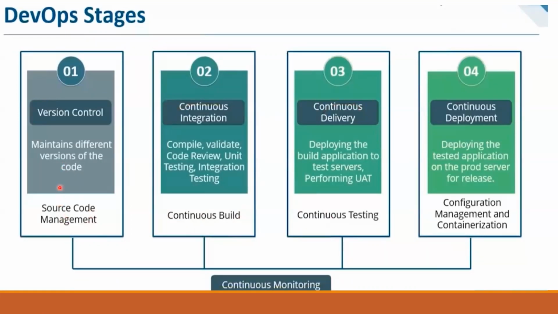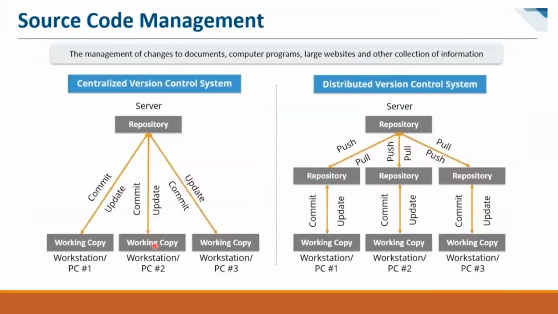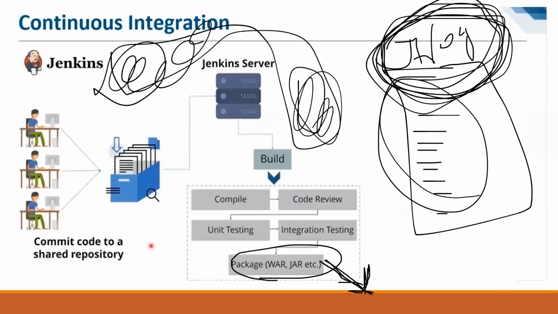Once we get the code from source code management, it goes to continuous integration. So how do we get the code? Jenkins takes that code. Jenkins is the CI/CD tool.